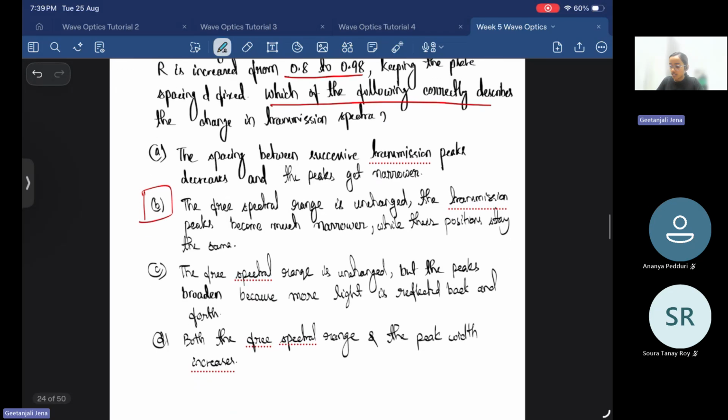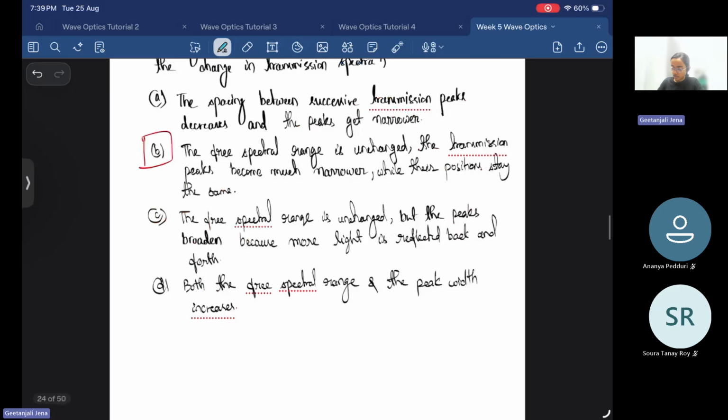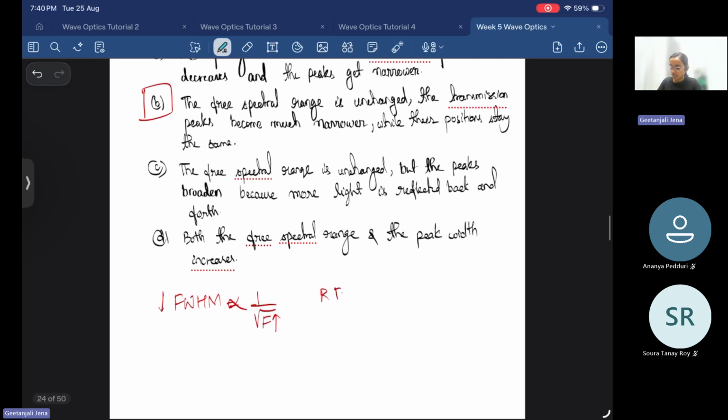But when you change the reflectivity, R will change. So if you recall, the full width at half maximum is inversely proportional to F. So when we increase R, F will increase. So that means the full width at half maximum will decrease.